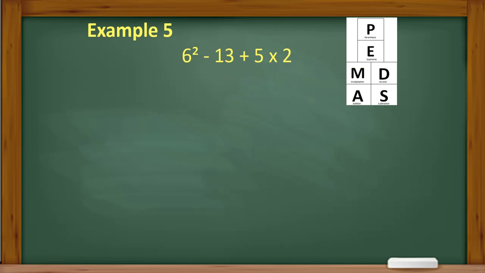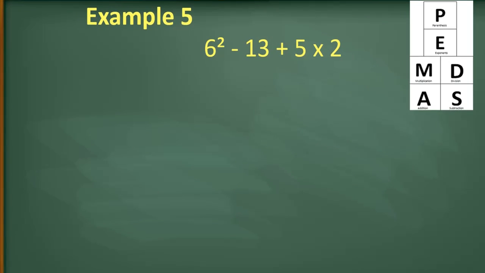For example, number 5, we have 6 squared minus 13 plus 5 times 2. So for the first step, we perform numbers inside the parentheses. Do we have parentheses or any grouping symbol in our equation? Okay, correct, none. How about the next step? Do we have numbers with exponent? Yes, we have 6 squared.